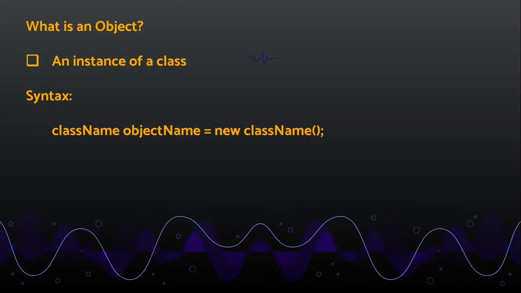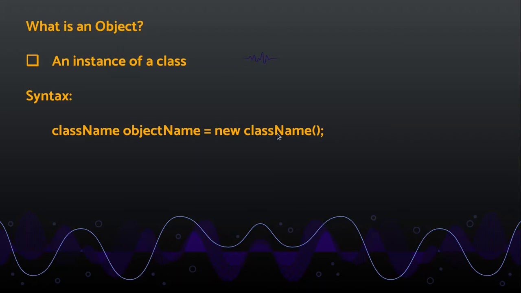And to create an object, you start with the class name, then you name your object, then an assignment operator, and then the new keyword because you want to create a new object, and then the name of your class, followed by parentheses, and this part has to do with constructors.